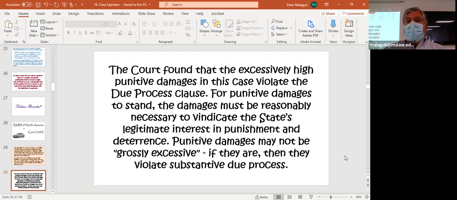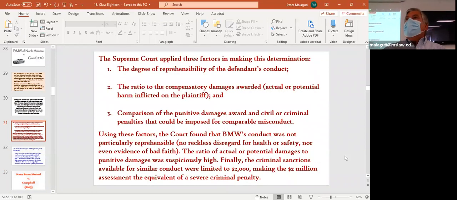So the court is saying punitive damages may be grossly excessive, and then goes on and gives us a test. And this is the test that we have today when it comes to punitive damages awards. You have to look at three things. And then there's going to be a fourth thing added on in the next case, the State Farm case, that we'll do in just a minute.